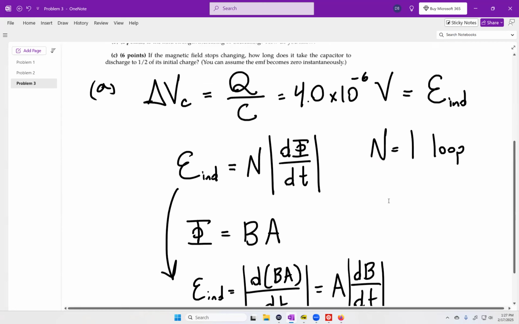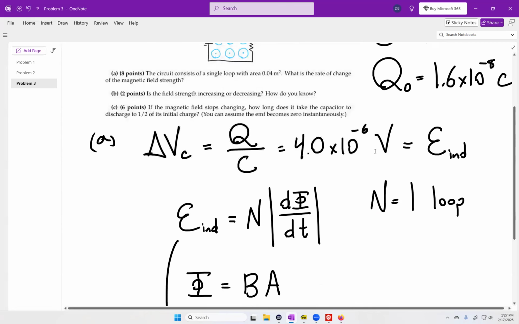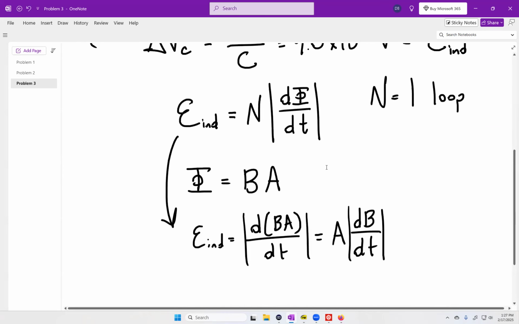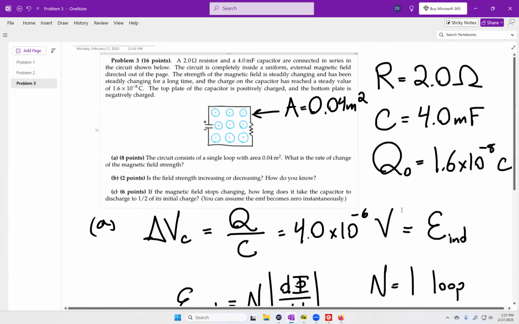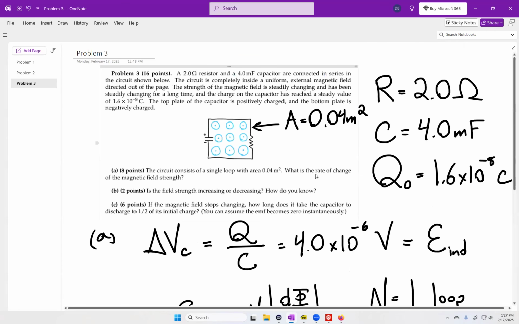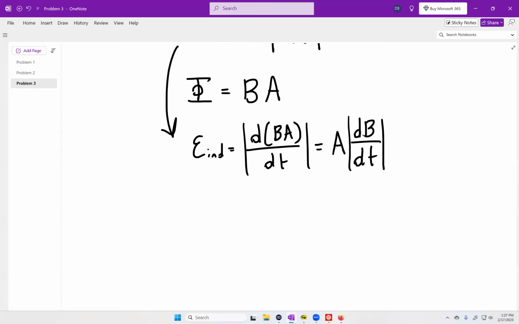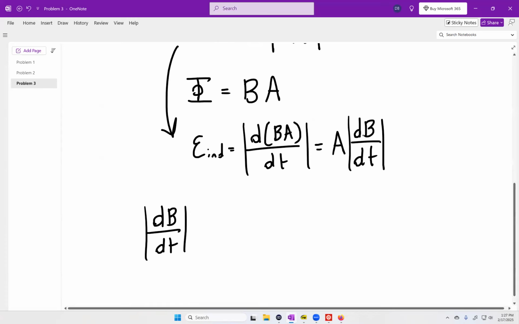All right, we know the induced EMF because it's the same as the voltage across the capacitor. We know the area because the problem tells it to us. And the problem is asking, what's the rate of change of the magnetic field strength? Well, that's what we have here, dB dt. So we can just plug in.